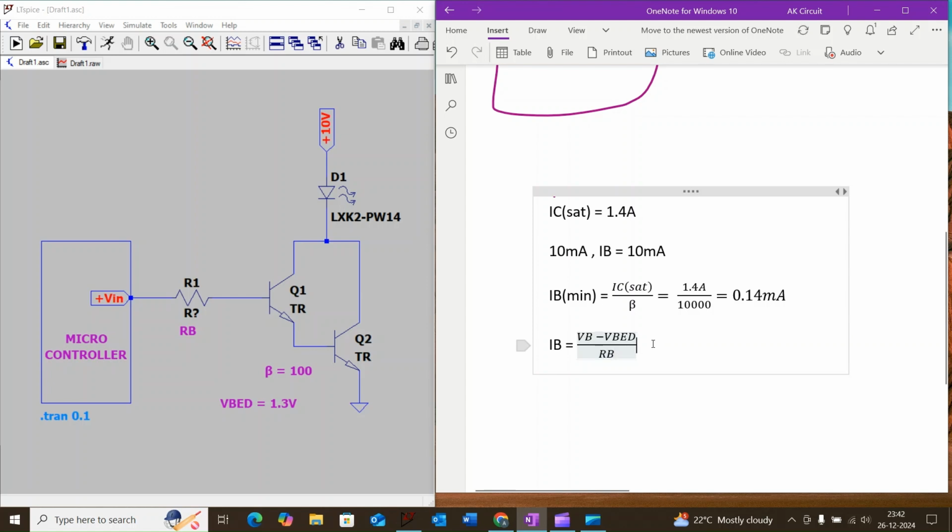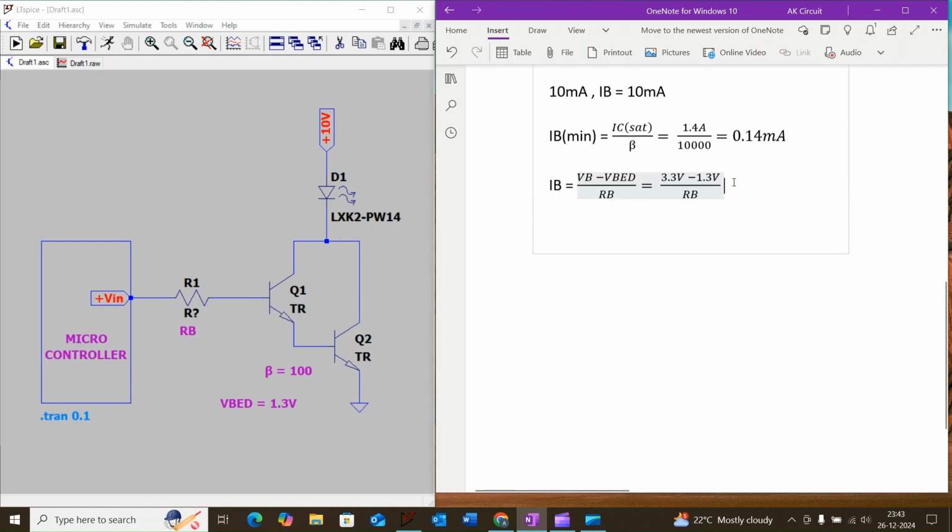So it is equal to 3.3 volt minus 1.3 volt, which we are considering as the base to emitter voltage, divided by RB, which is equal to 2 volt divided by RB. By considering this equation, the base resistance is inversely proportional to the base current.